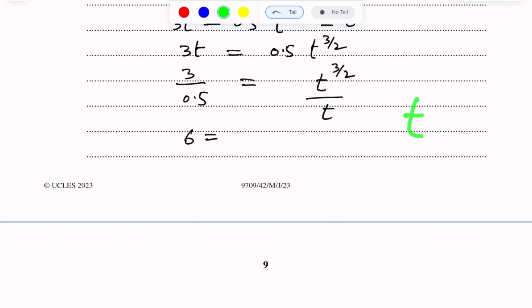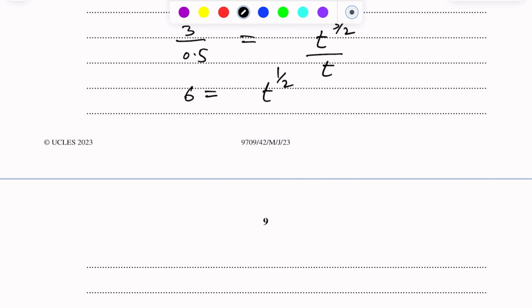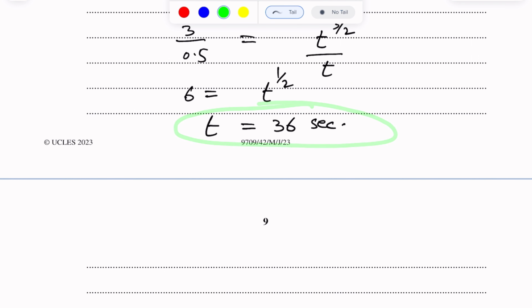So we can write t power 3 over 2 minus 1, that is t power 1 over 2, after simplifying it. Now we will square each side to find the value of t. So when we square each side, we get t is equal to 36 seconds. This is the positive value of t.